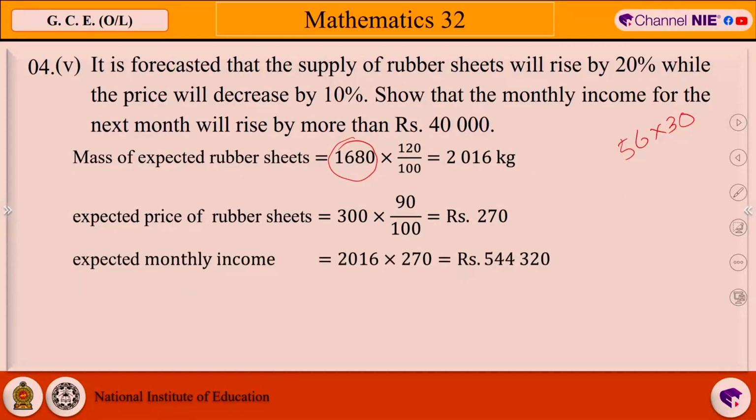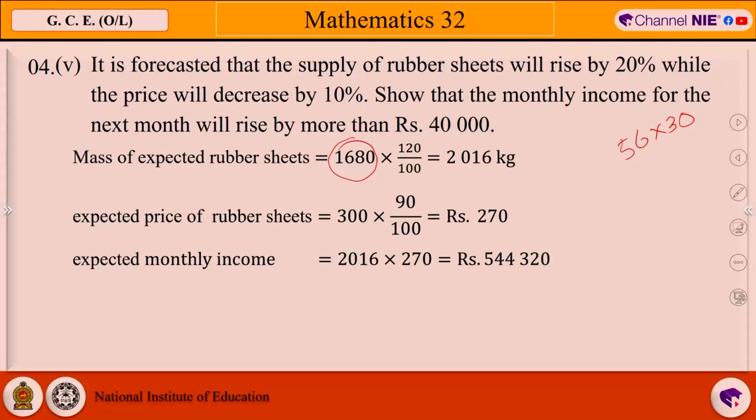Then we can calculate the expected monthly income for the following month, which is 2016 times 270 rupees, which will be 544,320. Okay.